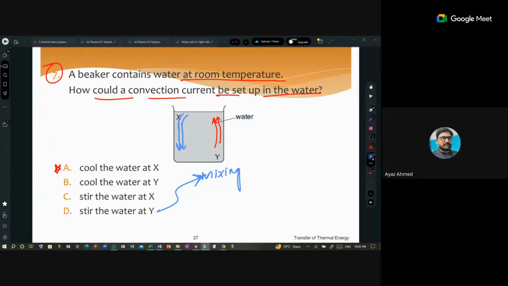Okay, yes. So what's your thinking? Why did you select D? It's because I feel like when you're stirring in that direction, the particles will also be moving in a circular movement that would allow the hot particles to go up and the cold ones to come down. That's more like a vortex, not a convection.